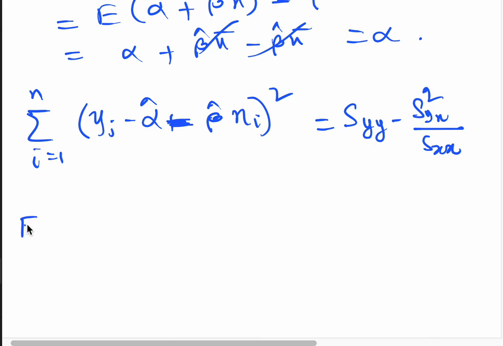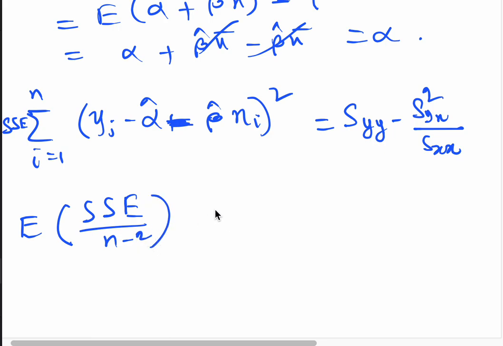If I say this is SSE, the sum of squares of the error, then the expectation of the sum of squares of the error divided by n minus 2 is an unbiased estimator for sigma square. So that's it. That's the question number 9.